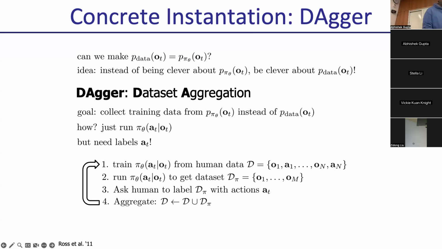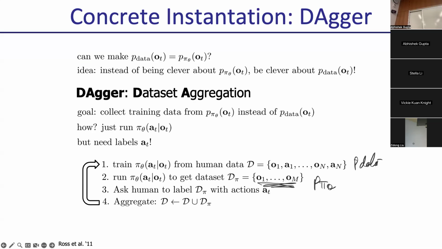What you can see here is that this thing is P pi theta, what you're getting from running the policy in the environment, and this thing is P data, but you're mixing them together. You're taking P pi theta, labeling it with optimal actions, and mixing it into P data.